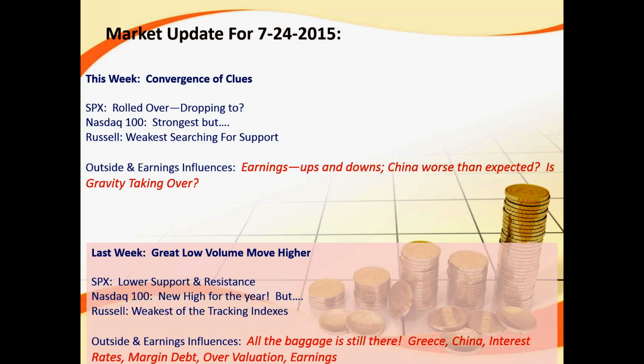The S&P has basically rolled over and it's dropping, and a big question mark is how far is it going to drop? NASDAQ was holding up the best, had some really good reports, with the exception of Apple, which kind of disappointed on the iPhone.